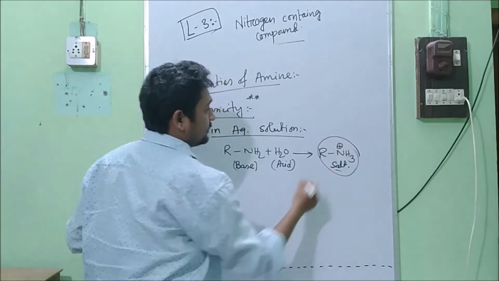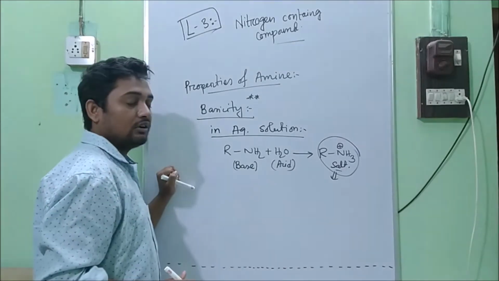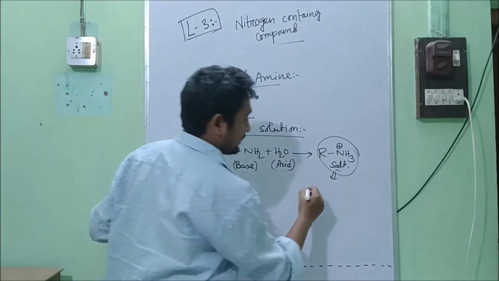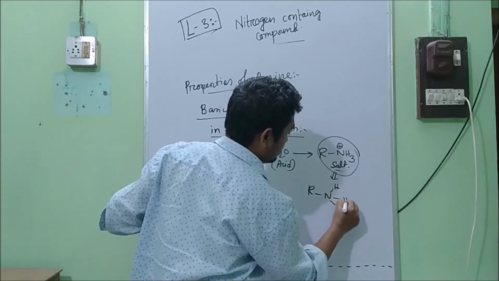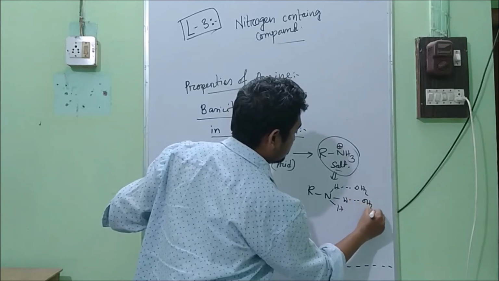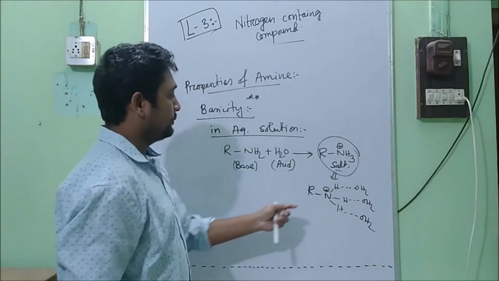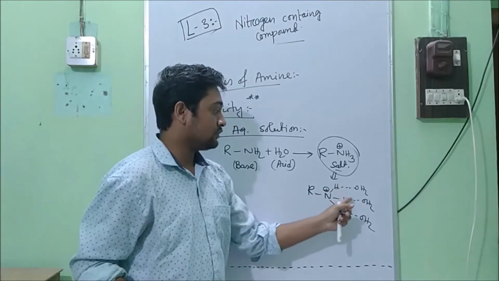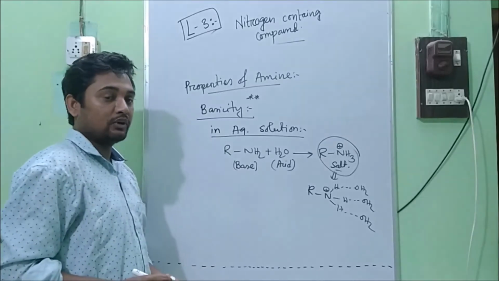Now this salt will be stabilized by hydrogen bonding with water molecules like that. As it contains 3 hydrogens, there will be 3 hydrogen bonds.